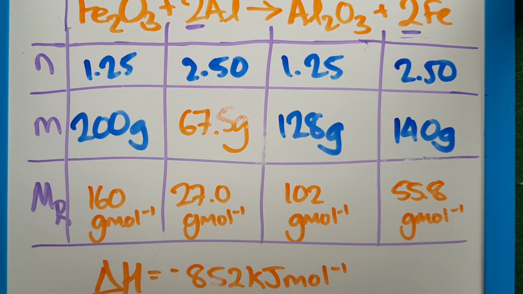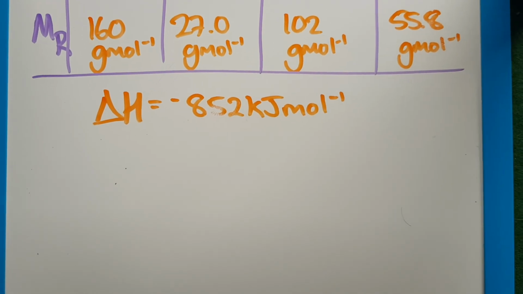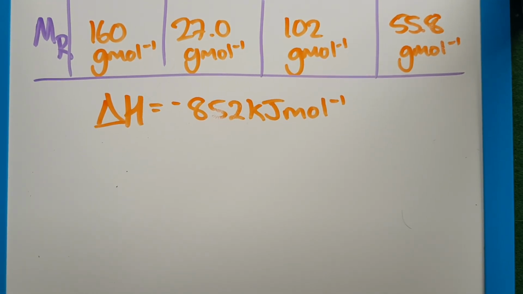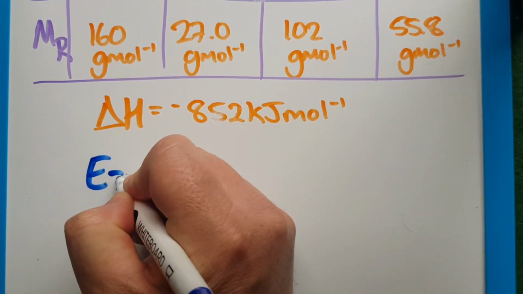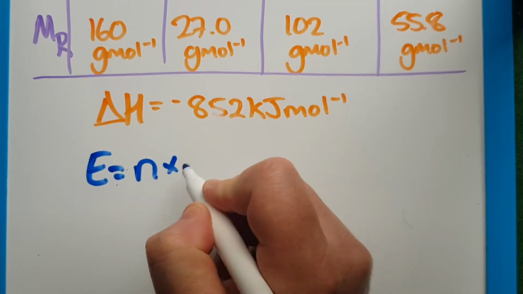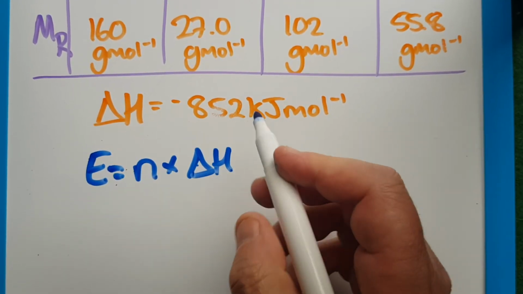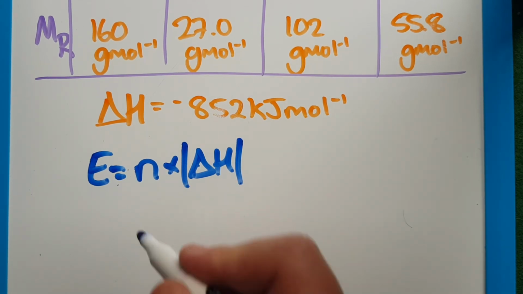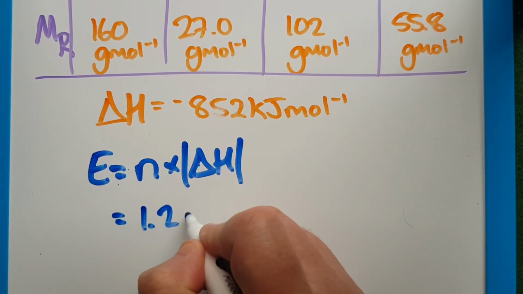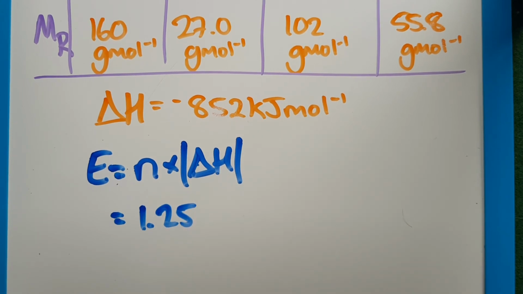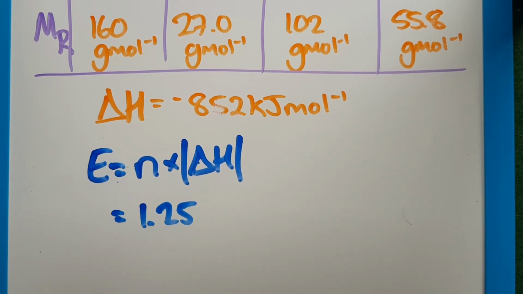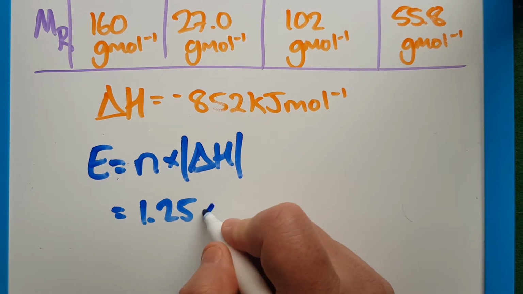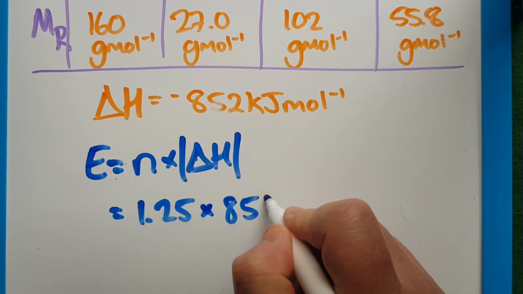So all I'm going to do to find the amount of energy, sorry, sliding down again, is my energy is my amount times my enthalpy change, and I'm going to take the absolute value. I'm not going to care that it's negative. So that is going to be 1.25 moles of iron 3 oxide or aluminium oxide, because there's one of those each, times 852. I've got rid of my negative.